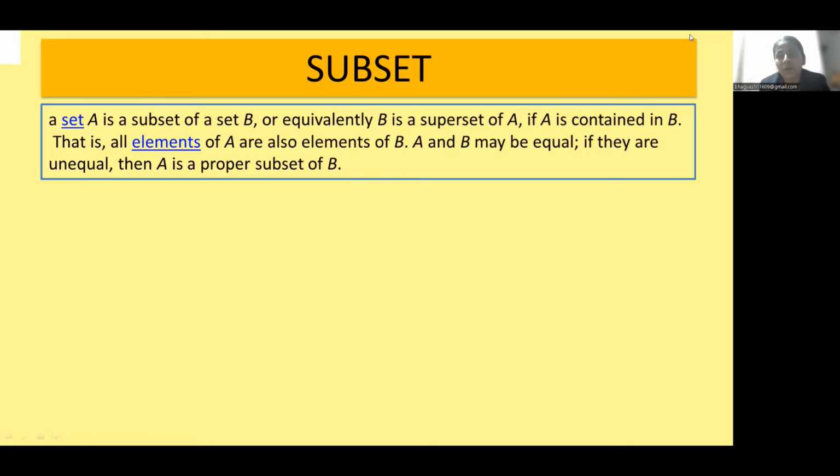Then A is called a subset of B or B is called a superset of A. If the elements are equal, then A is called an improper subset of B, and if B contains some more elements than set A, then A is called a proper subset of set B.